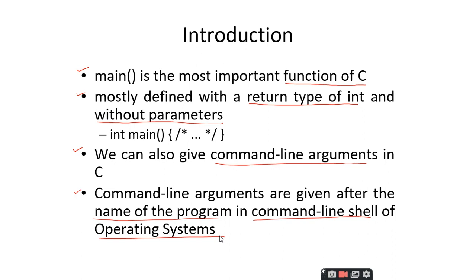So, you open the command prompt and then you try to run the C program via the command prompt, it is mandatory that you give the inputs to the main function, and those inputs that we give to the main function are called the command line arguments.